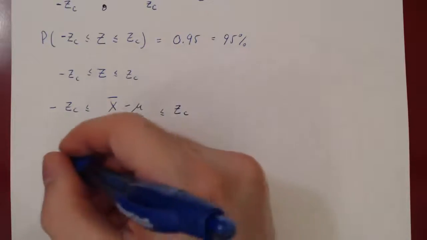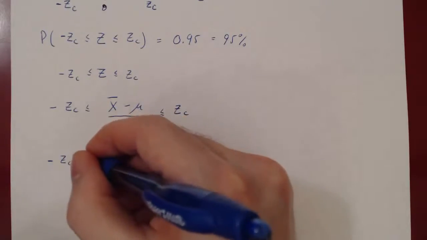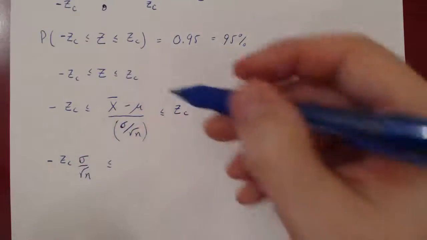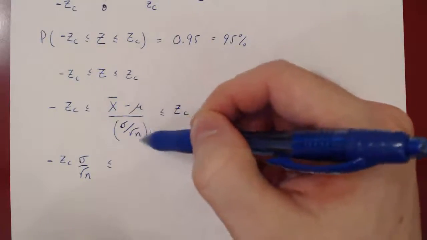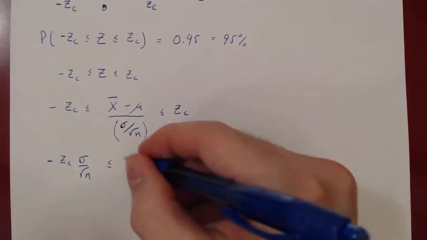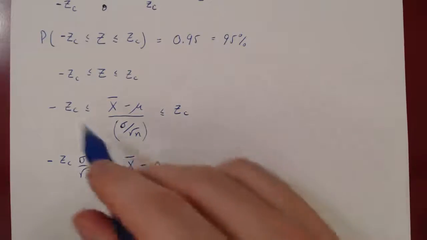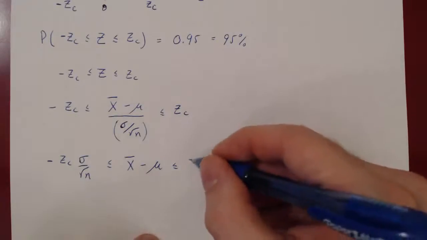So you'll get here negative ZC times sigma over root of n is at most. If you multiply this by sigma over root of n, it will cancel this on the bottom, and you'll be left with x bar minus mu, which will be at most ZC times sigma over root of n.